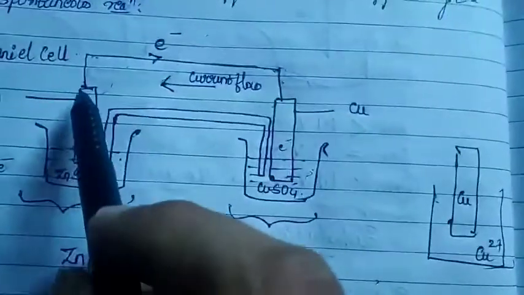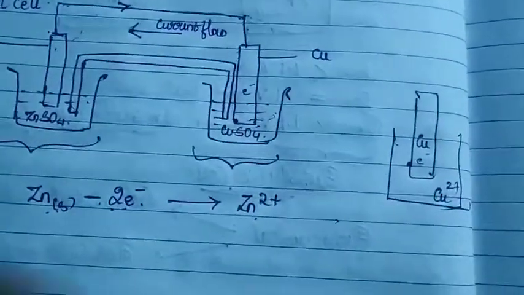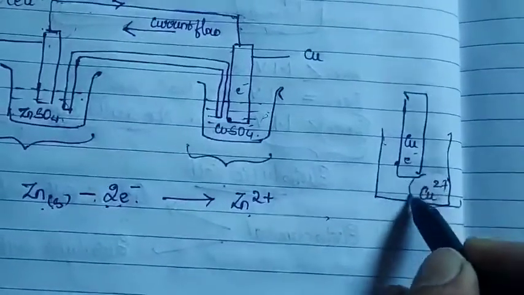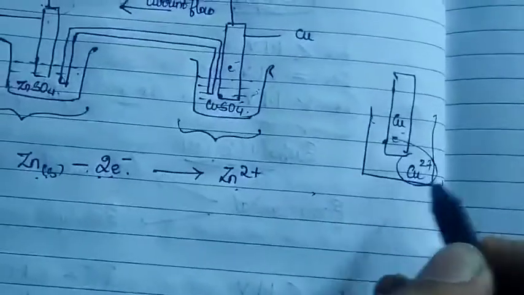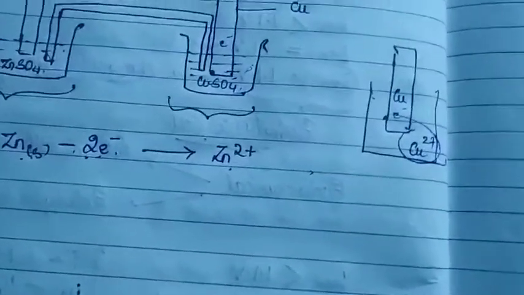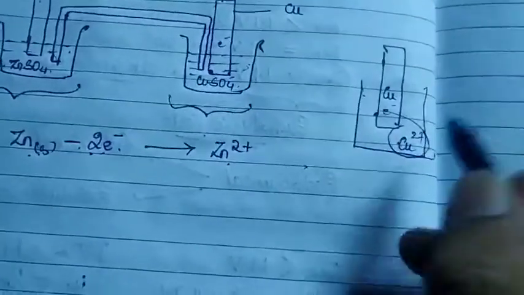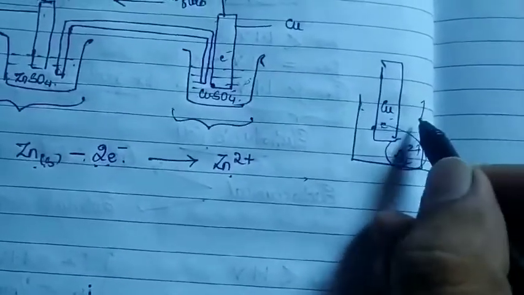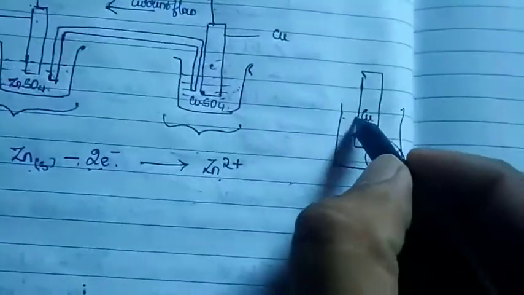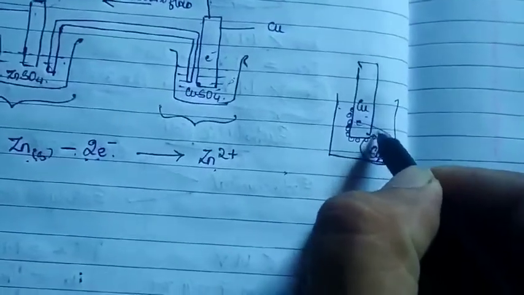The electrons flowing from zinc to copper are taken up by the Cu2+ present in the solution, which gets converted to copper. From aqueous copper it becomes solid copper, which deposits at the copper electrode.